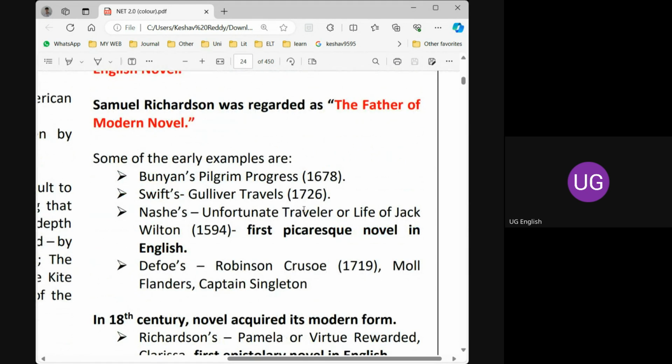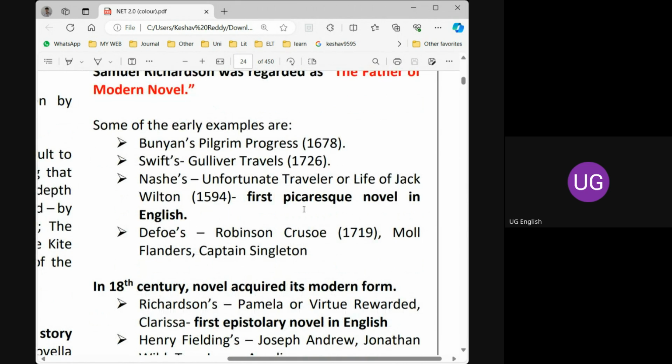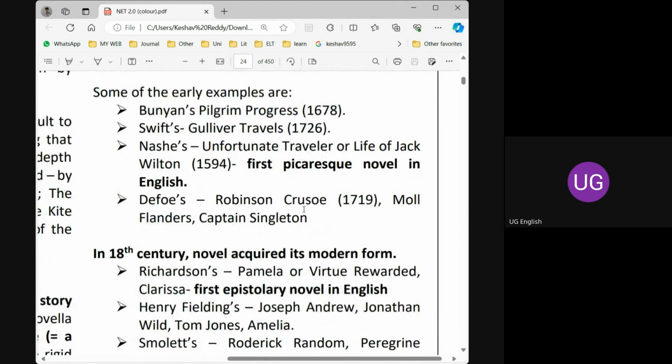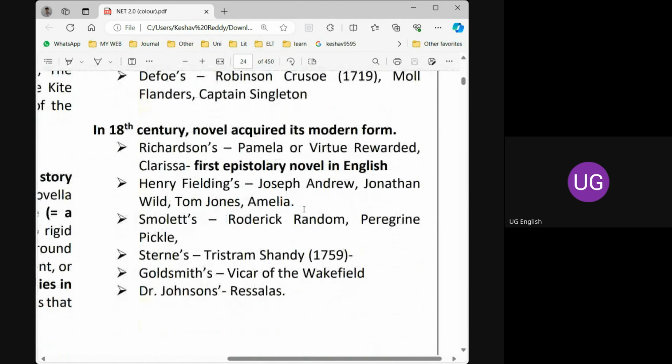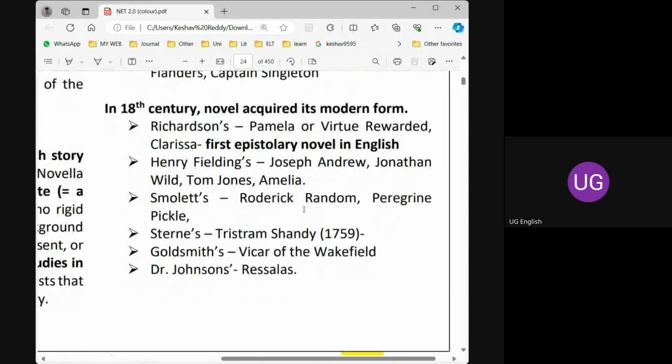We have discussed these important works: Pilgrim's Progress, with 10 stops in it, the journey of the Christian, and Gulliver's Travels, well known for Lilliput. The Unfortunate Traveller is a very important work by Thomas Nashe. It is the first picaresque novel. We also discussed the definition of the picaresque novel. And in the 18th century, Pamela, which is a very important work.